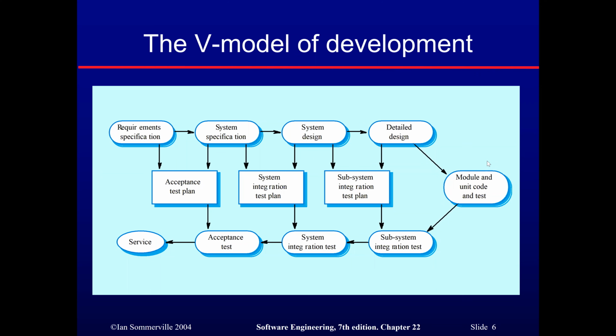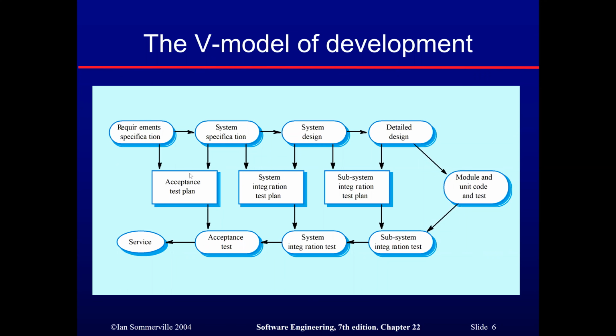Here you see again the diagram of the V model development. As I said, the test plan is started as early as at the requirement specification activity. Towards the end of the requirement specification, we start to plan the acceptance test.